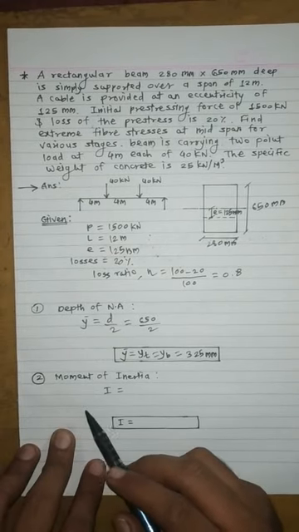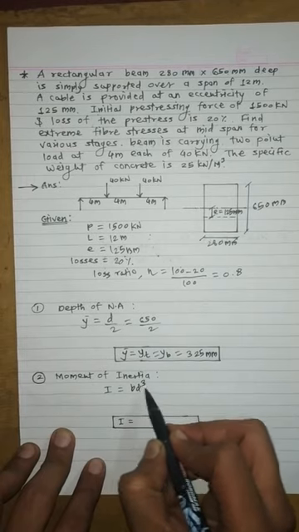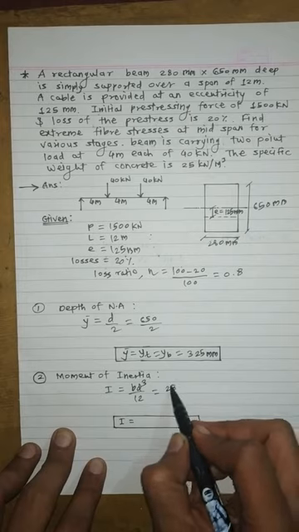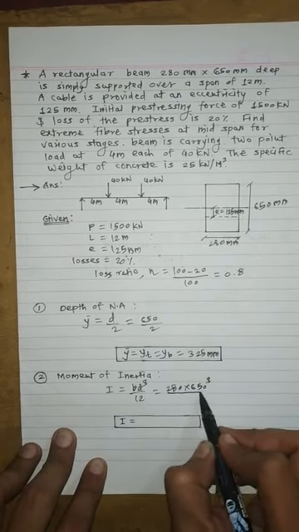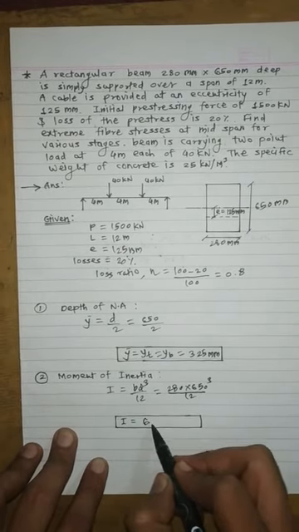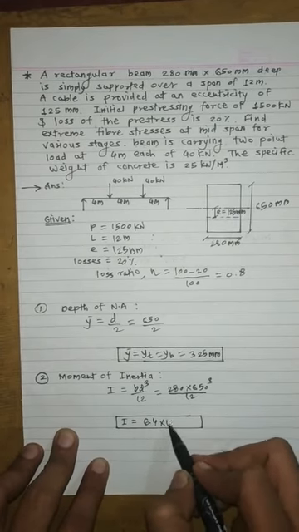Then step number 2, moment of inertia. For rectangular section, moment of inertia is equal to bd cube by 12. So here I equal to 280 into 650 cube divided by 12. So I equals 6.4 into 10 raised to power 9 mm raised to 4.